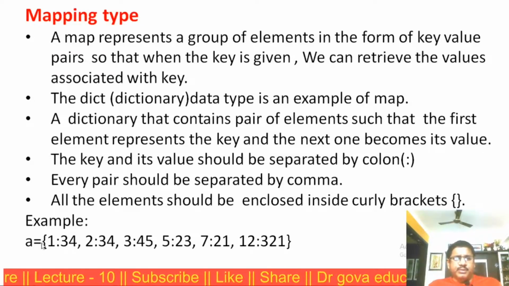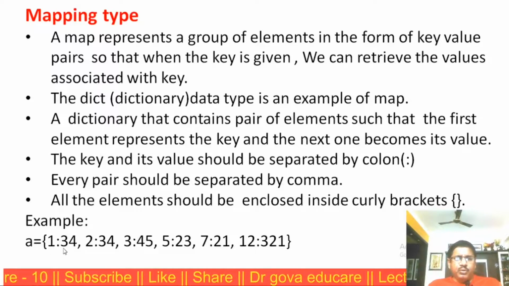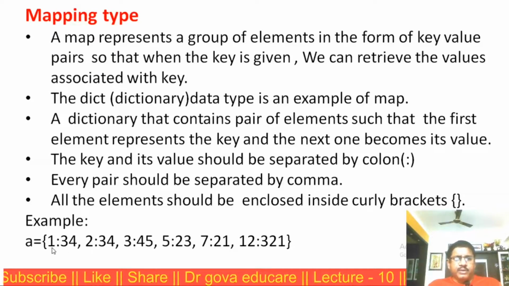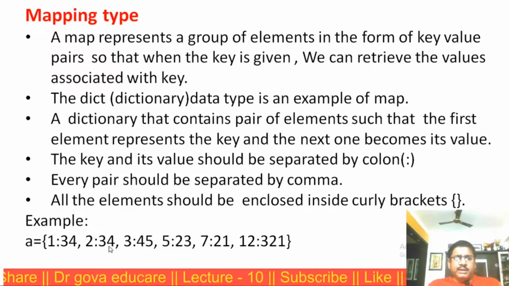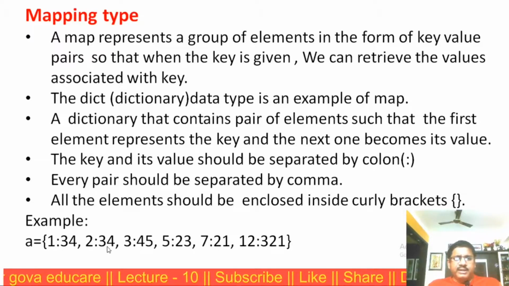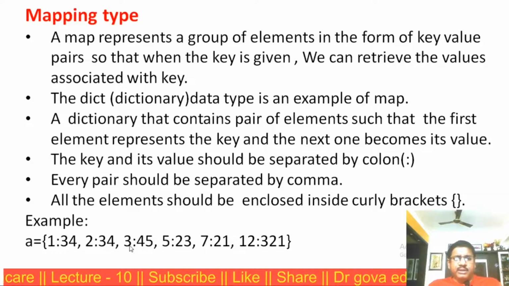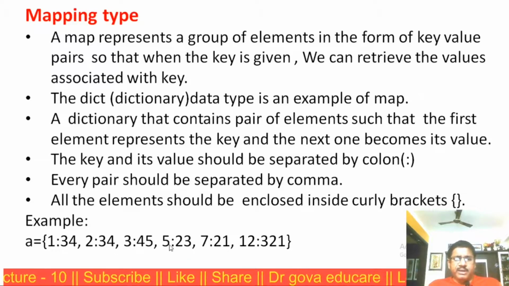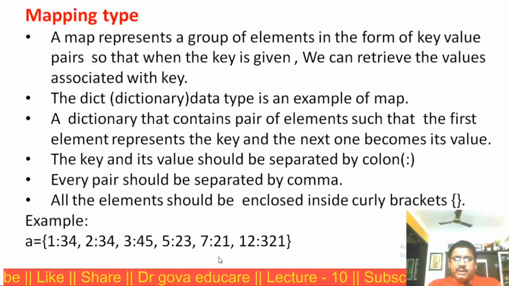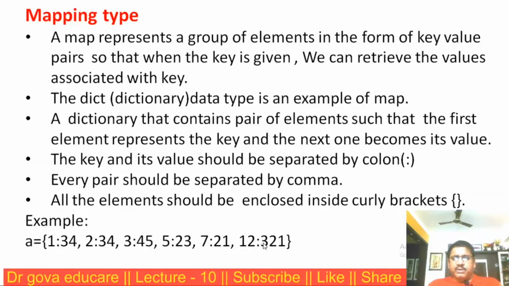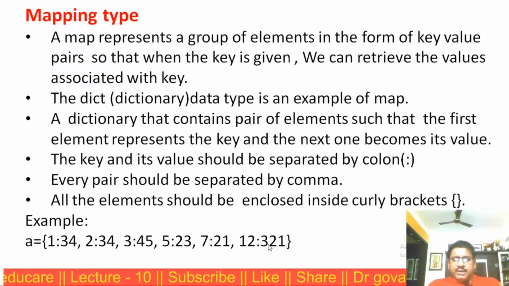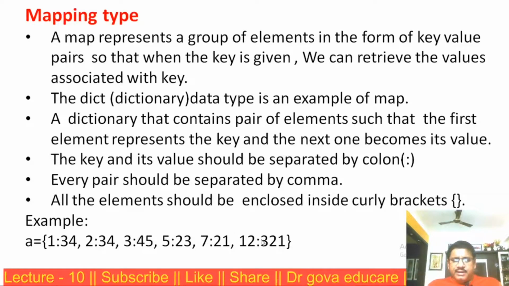For example, a is equal to 1 colon 34. Here 1 is a key, 34 is a value. 2 colon 34, 2 is a key, 34 is value. 3 colon 45. Similarly, 5 colon 23, 7 colon 21, 12 colon 231. 12 is key, 231 is value.